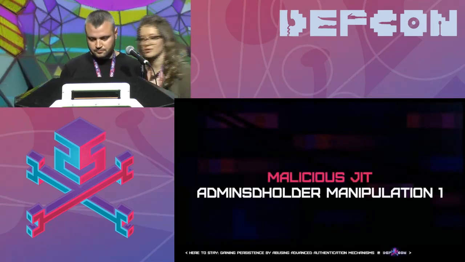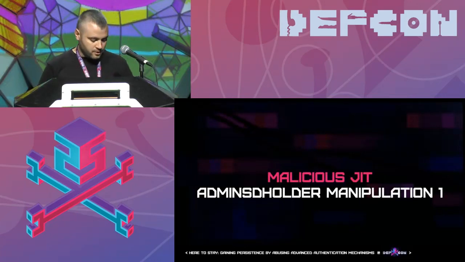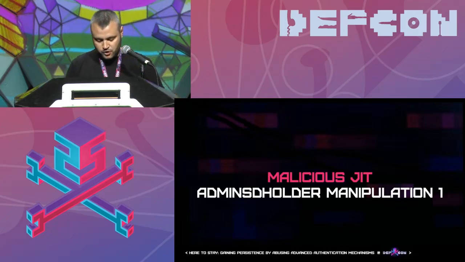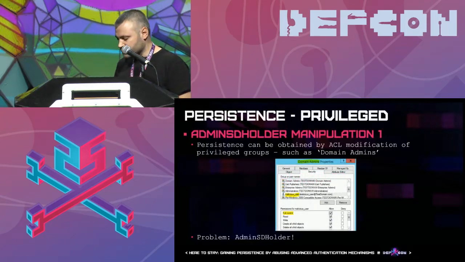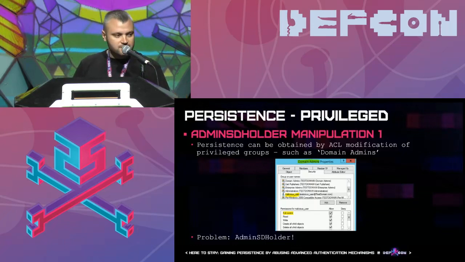All right. So, having a look at the attack delegation scenario, we can now move on and speak about AdminSDHolder manipulation. Recently there was a lot of online buzz about how attackers can abuse access lists, Active Directory access lists, and how those access lists can be used in order to elevate privileges or remain persistent in the environment.